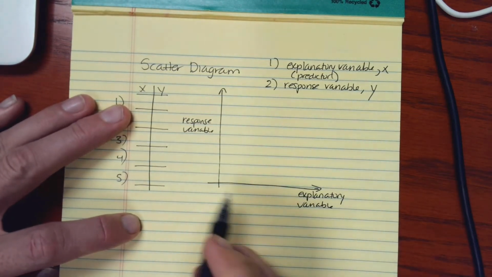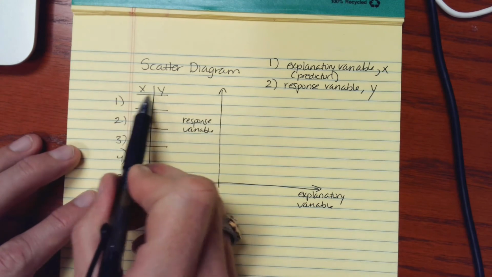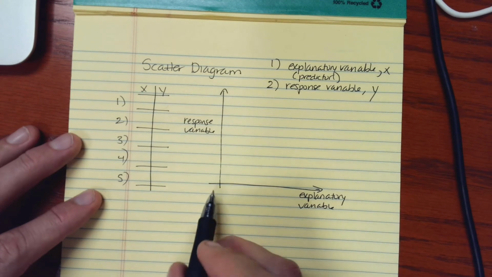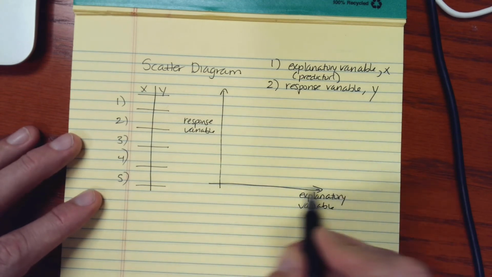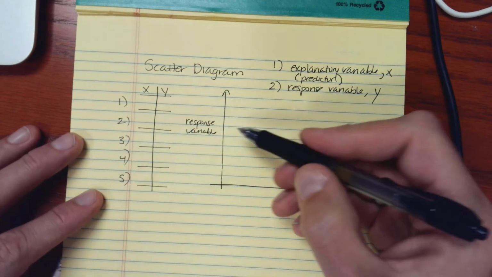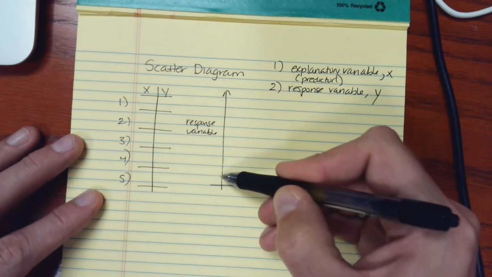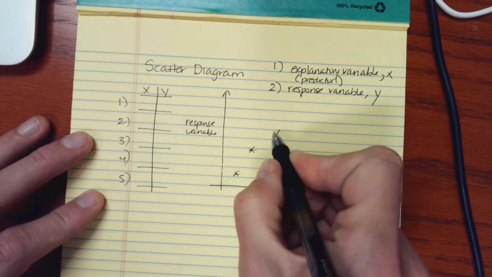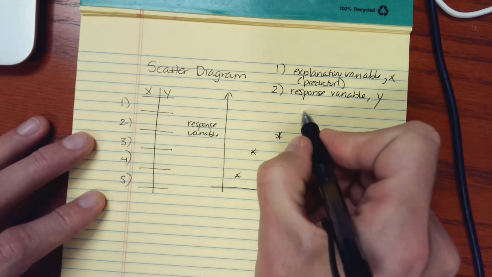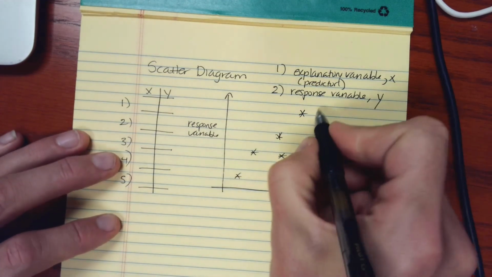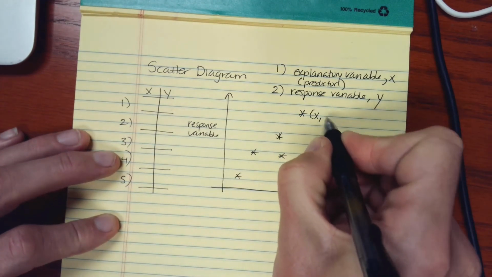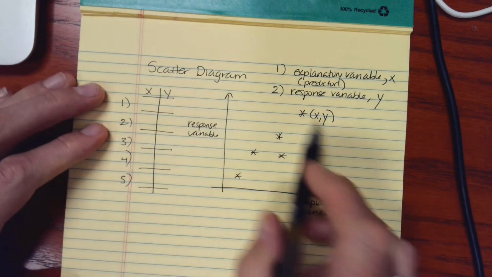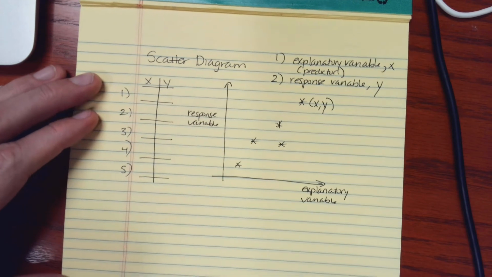So a scatter plot, I'll mark each of these just like an ordered pair with a position along the x-axis for the explanatory value, and along this vertical axis for the response value. And so I might end up with something that looks like this. I'll have one marker for each of these observations, and you can think of it again like an ordered pair where I have an x value and a y value. So yeah, this is just like plotting ordered pairs in the Cartesian plane.